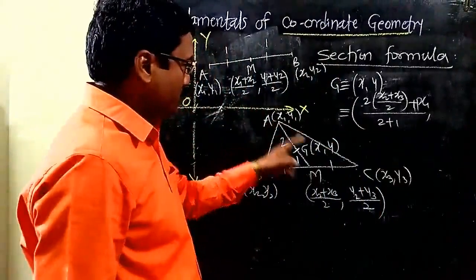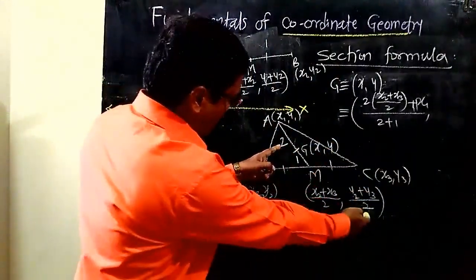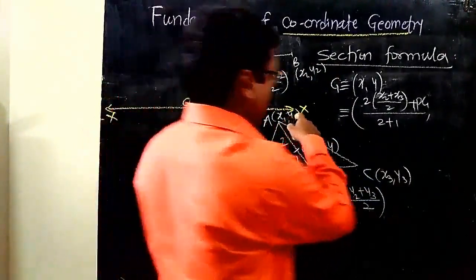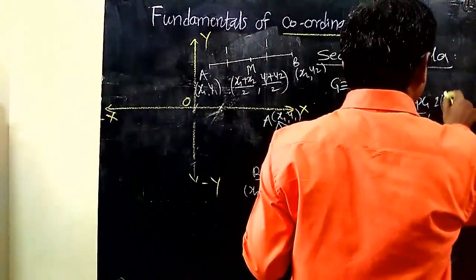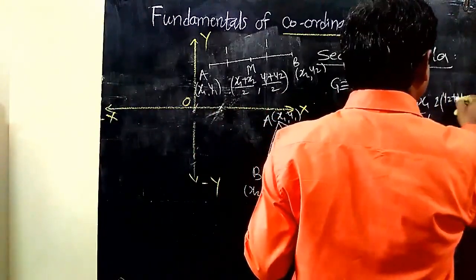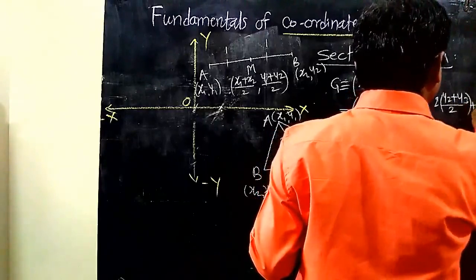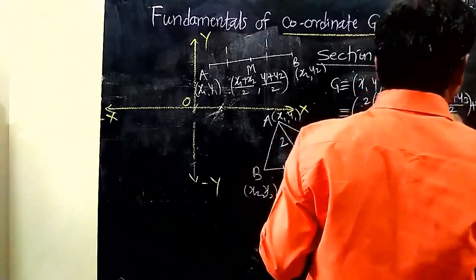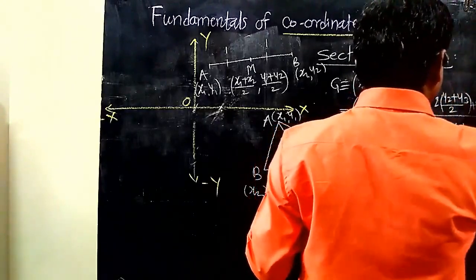This is the x coordinate. For the y coordinate, 2 into y2 plus y3 upon 2, plus 1 into y1, upon 2 plus 1.